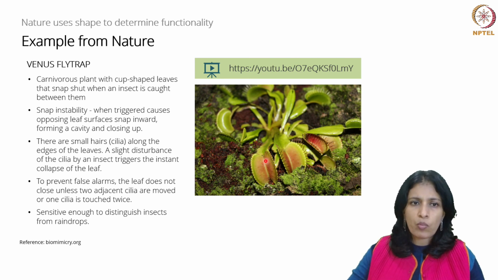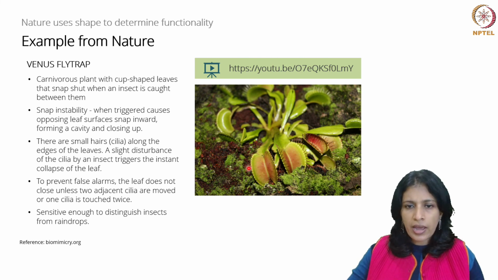Now, what happens is this cup shape is very sensitive. So when an insect comes and sits on it, it actually snaps shut and captures the insect inside this cup cavity. At the same time, it's extremely sensitive as well, because it knows how to distinguish between an insect and any other thing like a raindrop.